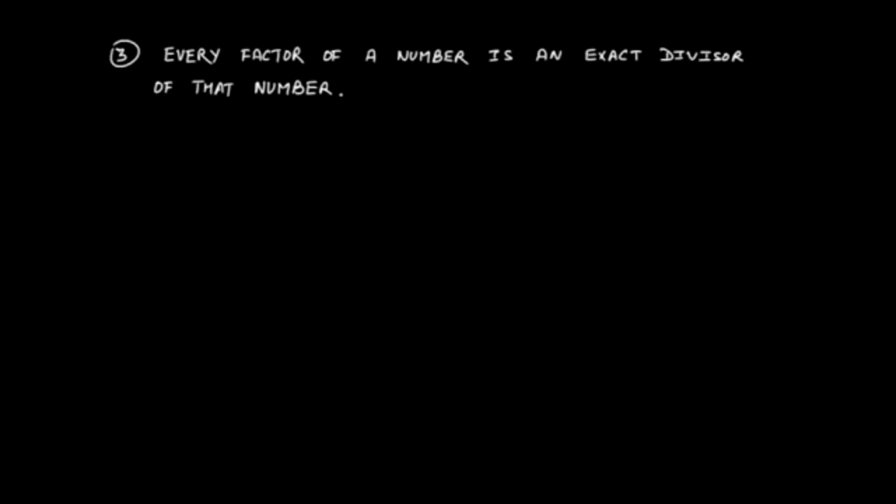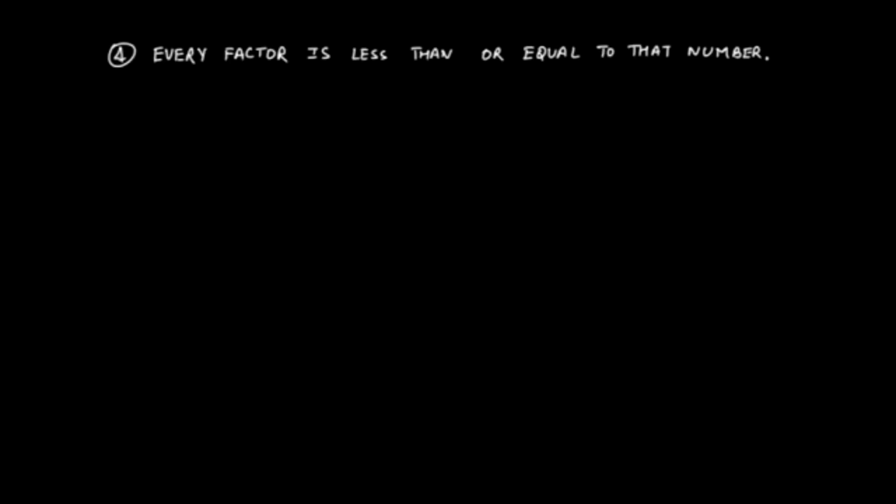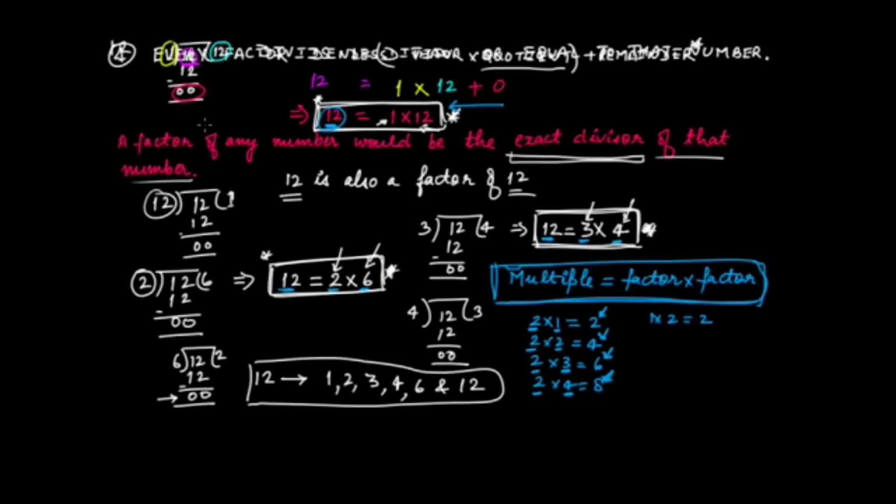What's the next point? The next point is that every factor is less than or equal to that number. Suppose we took the example of 12.